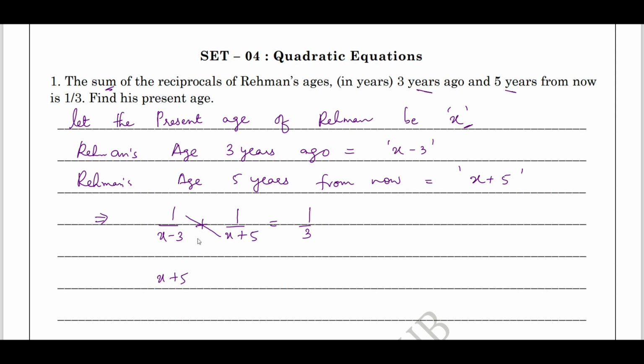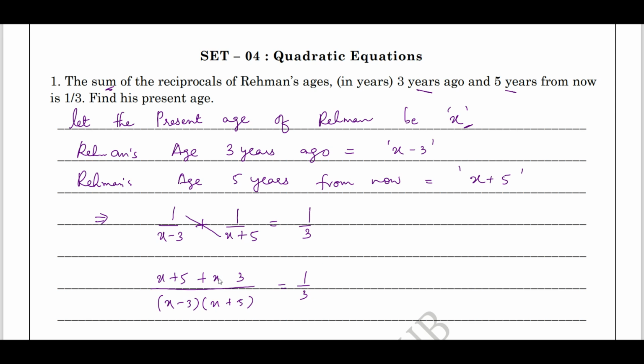That is x plus 5 into 1 is x plus 5. The same way x minus 3 into 1 is x minus 3, whole divided by x minus 3 into x plus 5 equals 1 by 3.